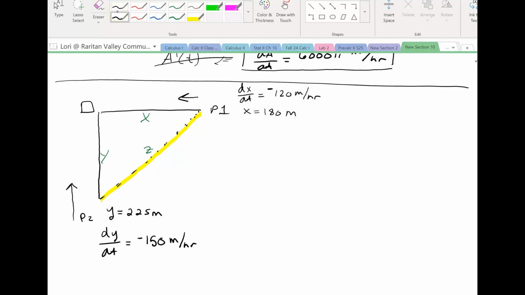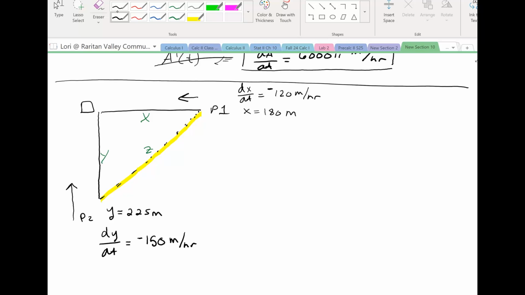The other thing you want to think about, this is very different now from that ladder problem in the intro video. It's similar in that, yes, we're going to use a right triangle, so it's going to be the Pythagorean theorem that we're going to need to use. But there was a constant involved in the intro video.